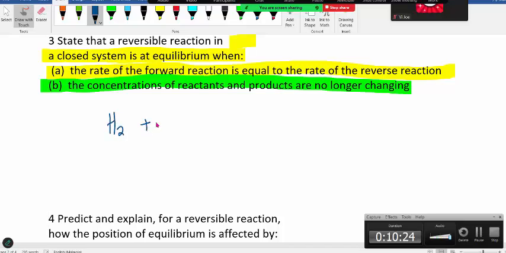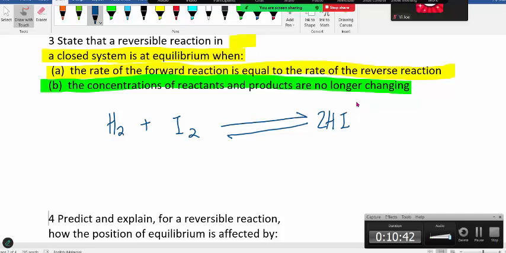Hydrogen and iodine becomes hydrogen iodide. Hydrogen iodide breaks apart to become hydrogen and iodine. Okay? This is called a reversible reaction.